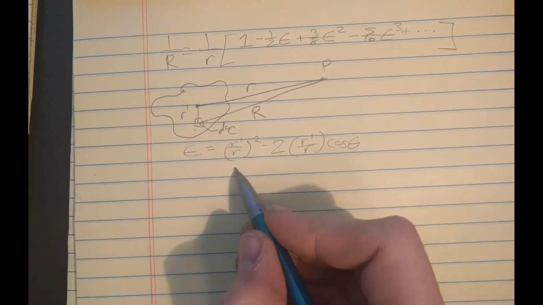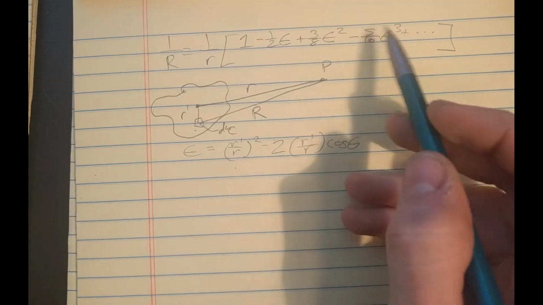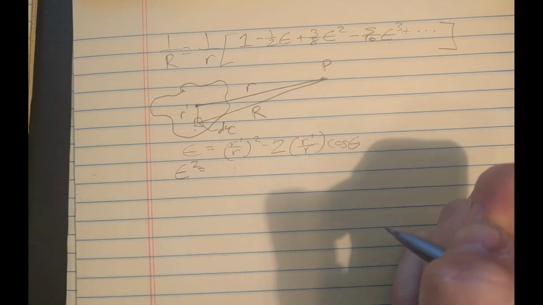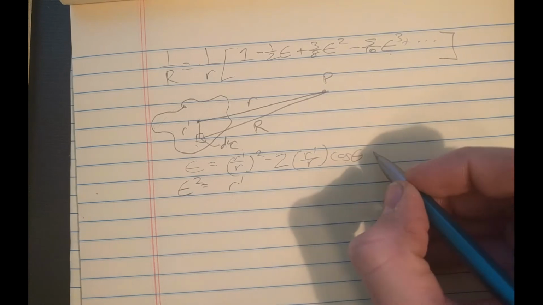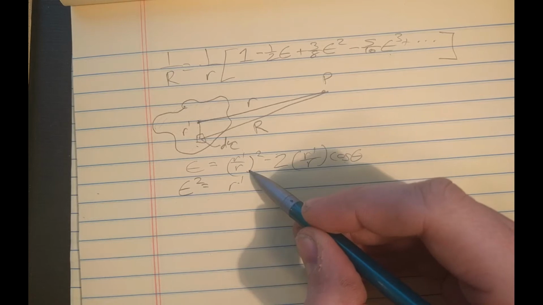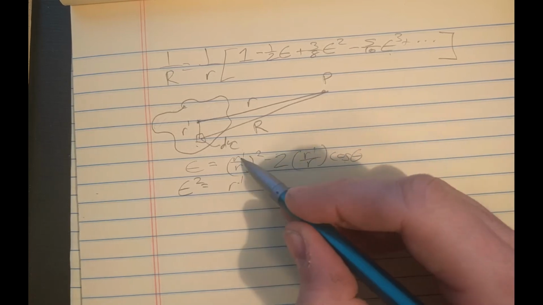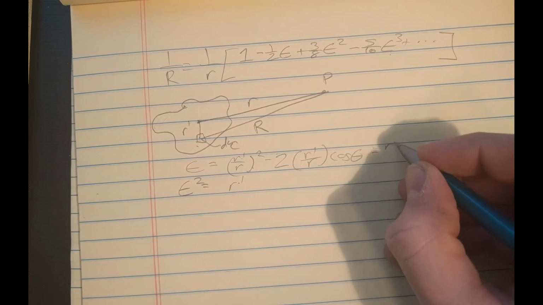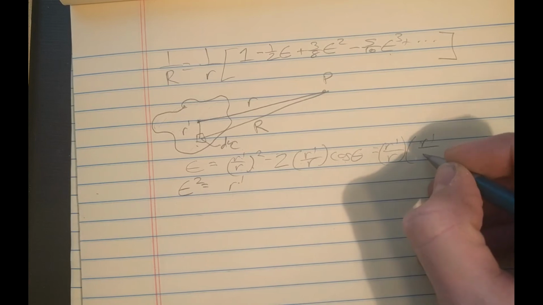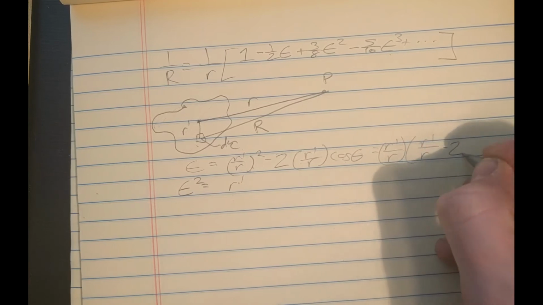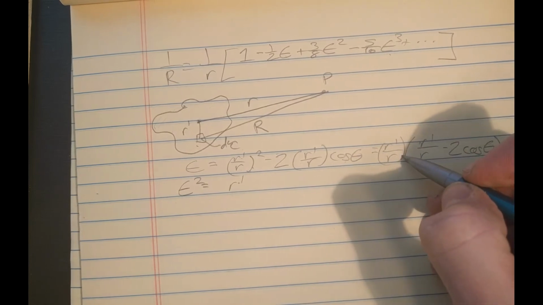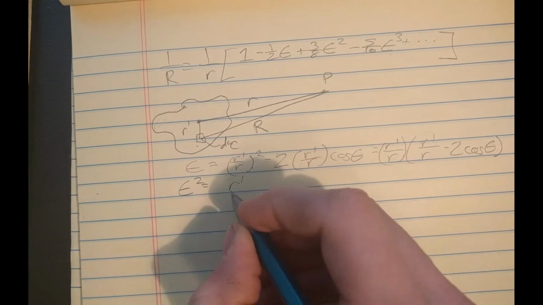But before I do that, I'm going to find epsilon squared and epsilon cubed. So, to make things easier, in our definition of epsilon, I'm going to pull out r prime over r. So, we can call our epsilon this instead. And this will be easier when we try to square it. So, now we're going to do epsilon squared.